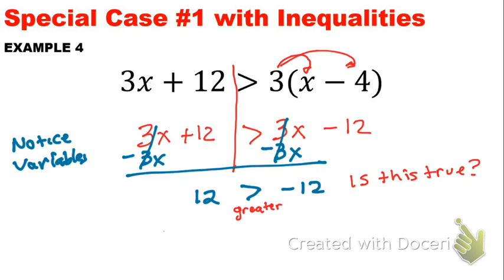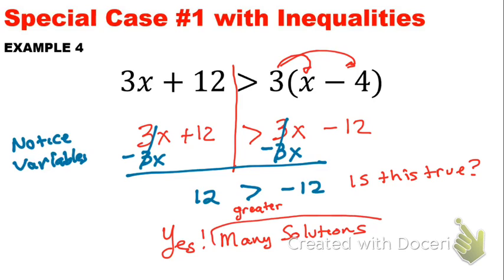And the answer is yes. Since we are saying yes, we will say many solutions. Any number would make this work. Make sure you notice that the variables cancel, and that this number comes straight down from here.